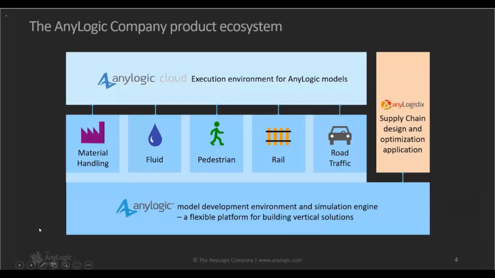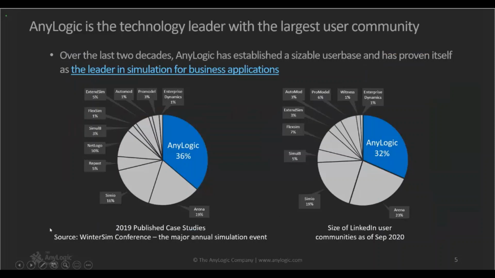Then I would like to share with you some facts about AnyLogic that we're really proud of, but I'll try to be really fast. First of all, AnyLogic is the product with the biggest user community in the world.